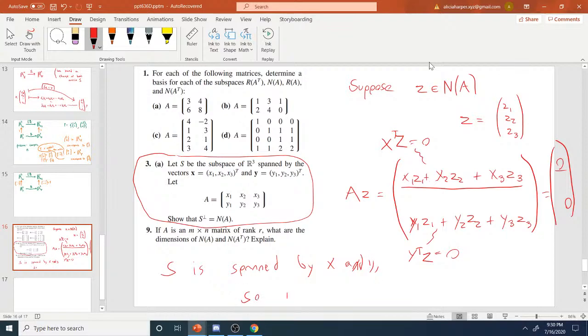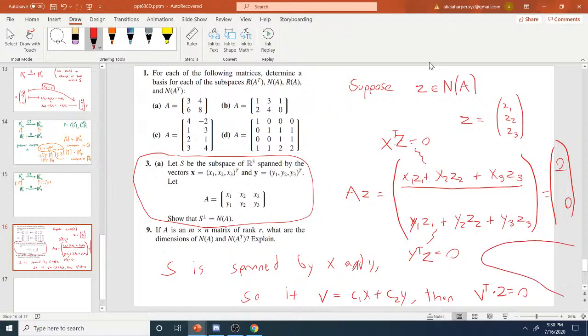So if v is any linear combination, say c1 x plus c2 y, then v transpose times z is equal to 0, just because z is orthogonal to x and z is orthogonal to y, so z is orthogonal to their linear combination.